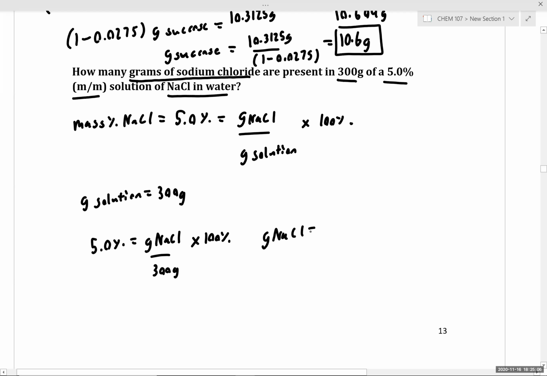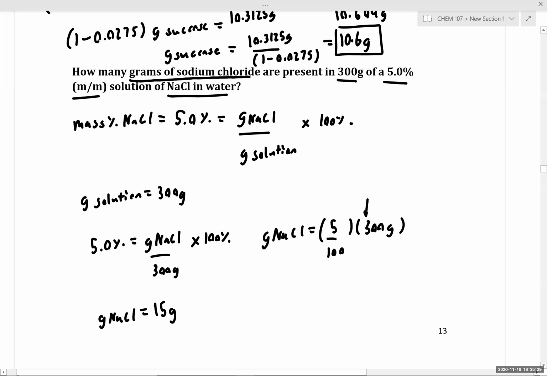So then the grams of sodium chloride are equal to 5 over 100 times 300 grams, which in turn gives us the grams of sodium chloride are equal to 15 grams.